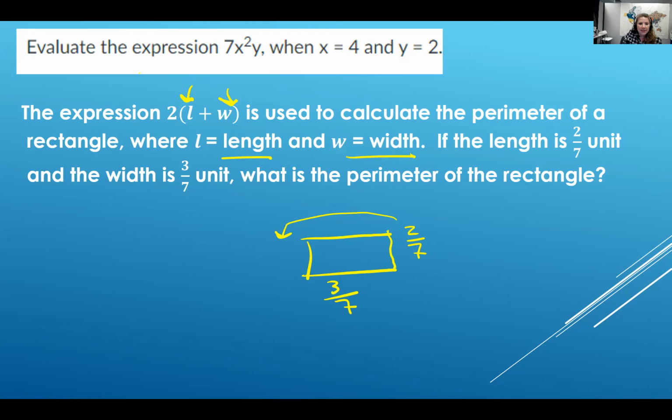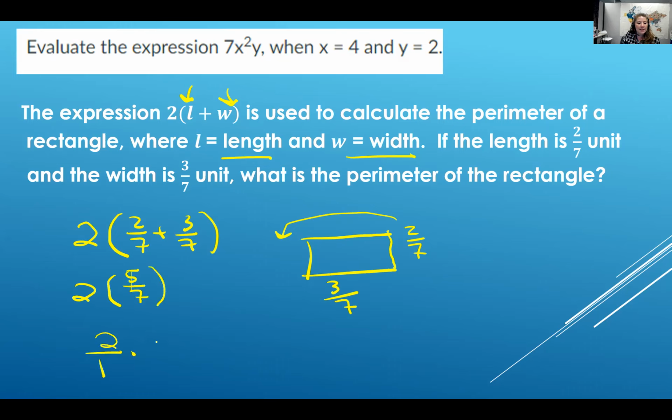All right, so let me plug this in right here. So 2 times 2/7 plus 3/7. Well, these already have like denominators. So I just have to add 2 plus 3 is 5. And then I'm going to multiply. So twice 5/7.